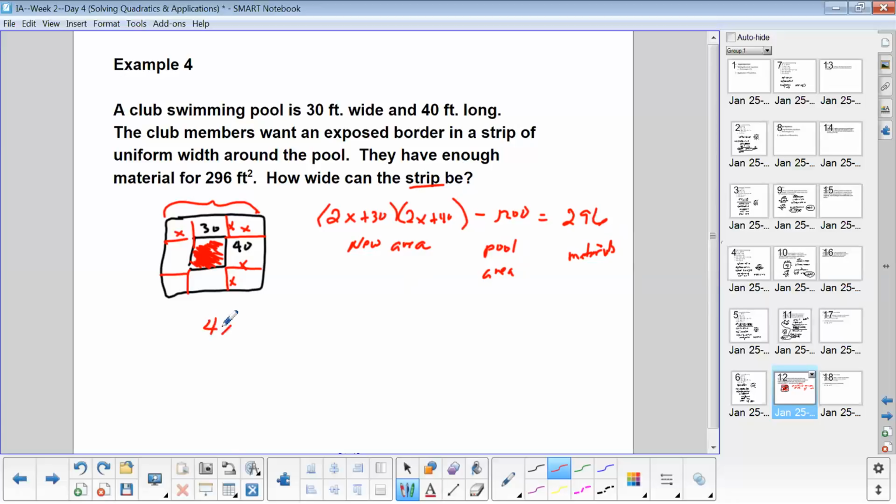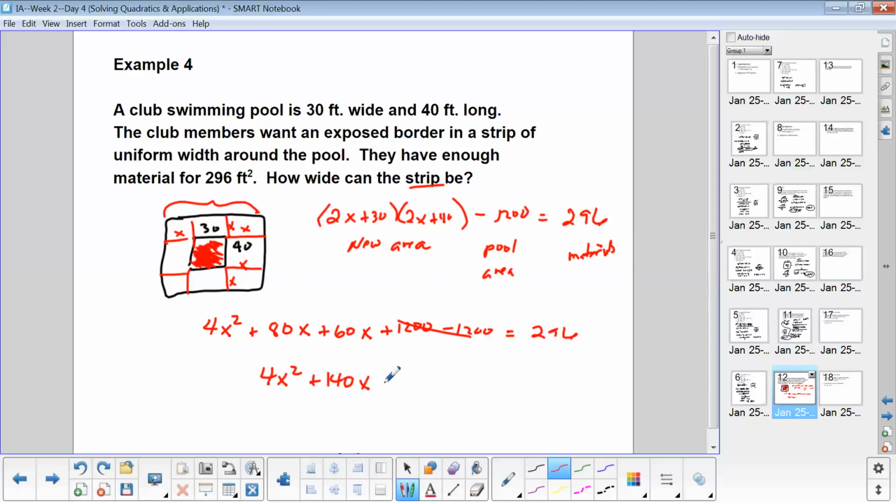So that'll be 4x squared, and then 2x times 40, that's going to give me 80x. 30 times 2x will give me 60x, and 30 times 40 will give me 1,200. And then I'm going to subtract the 1,200, and that's going to give me 296. So these will go to 0, so I'm left with 4x squared plus 140x.